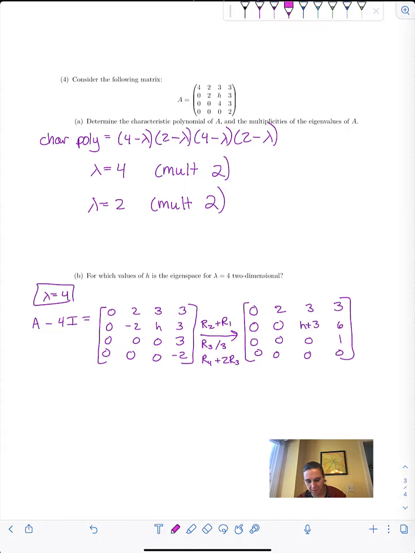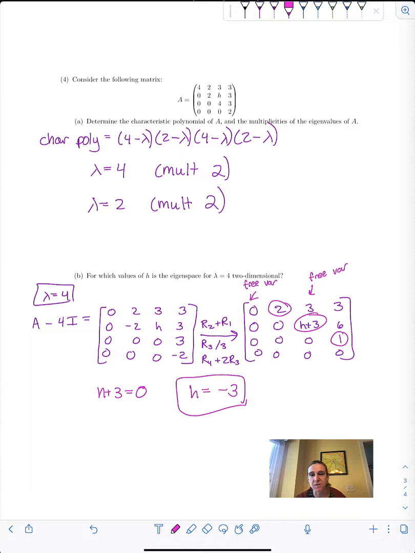So we have pivots here for sure, so this column is a free variable. And if we want 2 dimensions, we need this third column to also have a free variable. And so we need that h plus 3 to equal 0. So h equals -3 is the only possibility to make that eigenspace 2-dimensional.